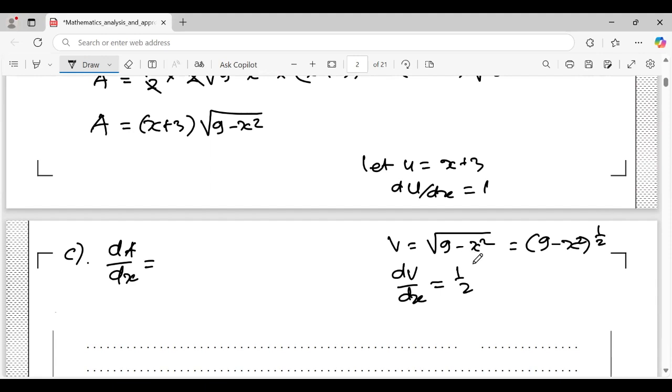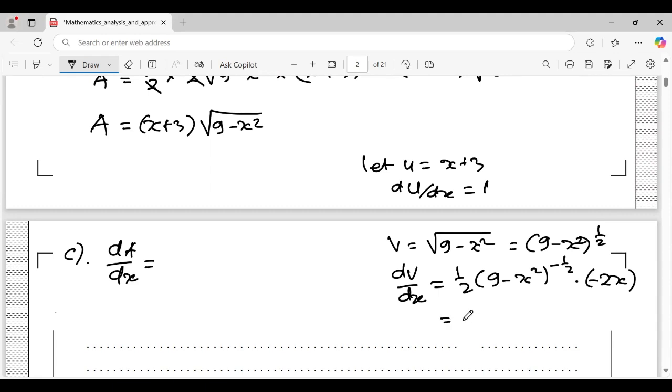1/2 times 9 minus x squared to the power minus 1/2 times the derivative of 9 minus x squared, which is minus 2x.